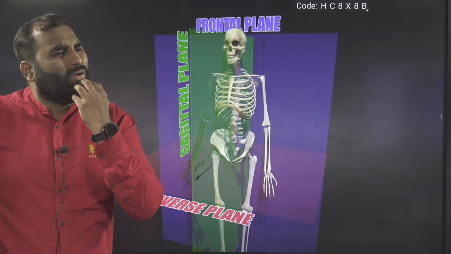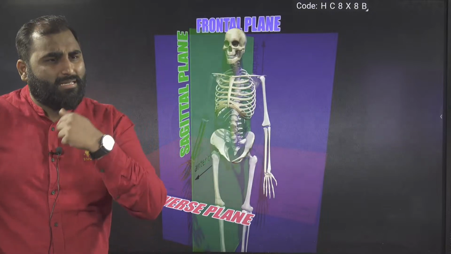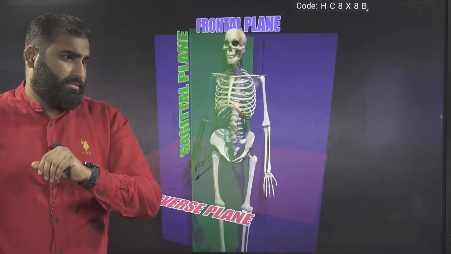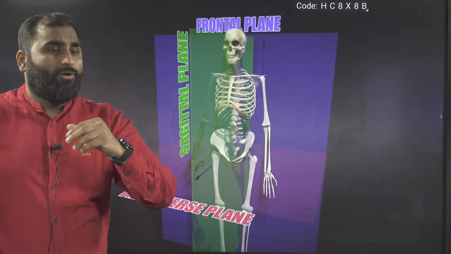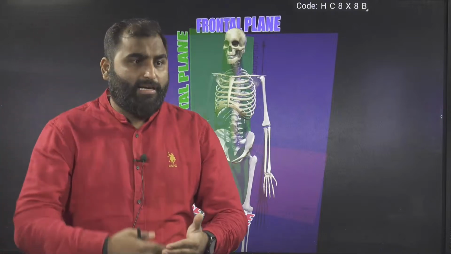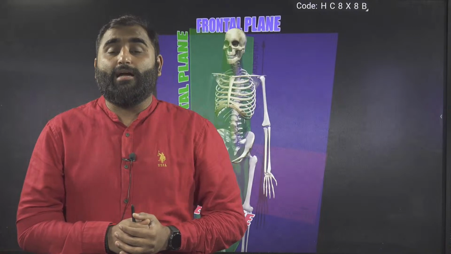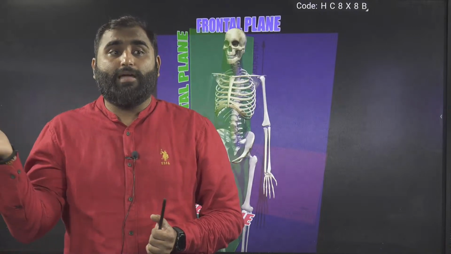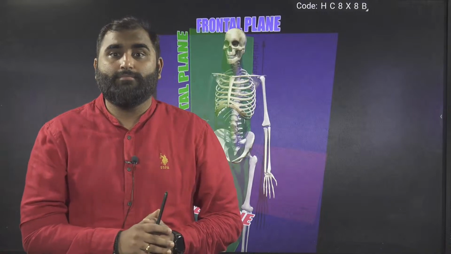Sir, but why is this required? Is it important to us? Yes. Because when you see an organ, if I give you a brain, you can cut the brain in the frontal plane, in the sagittal plane, or in the horizontal plane.